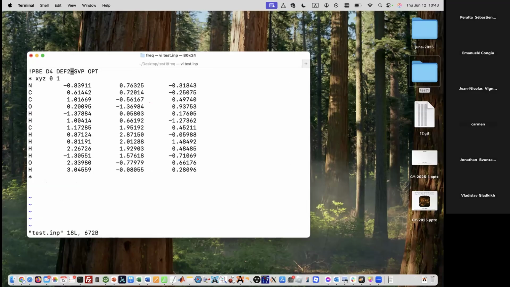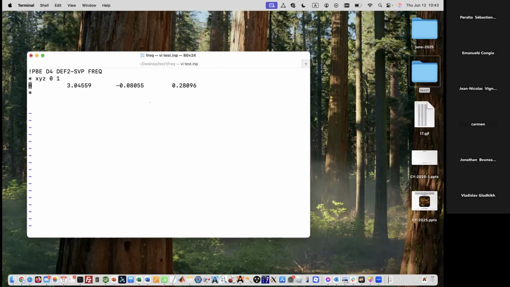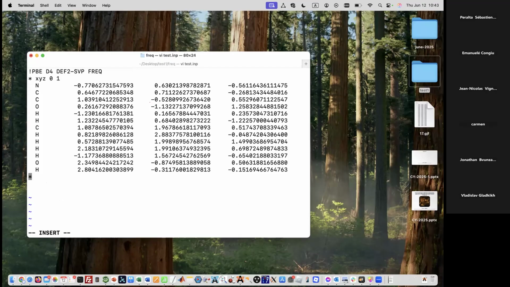I will change my original keyword to FREQ, and then I insert here the optimized geometry. And that's it.